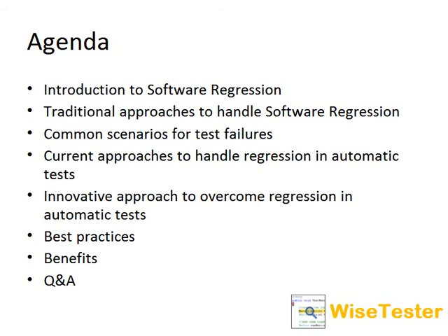Next, we will talk about common scenarios for test failures, and we will also discuss current approaches to handle regression in automatic tests. After that, we will reach the main topic of this webinar and present an innovative approach to overcome regression in automatic tests.